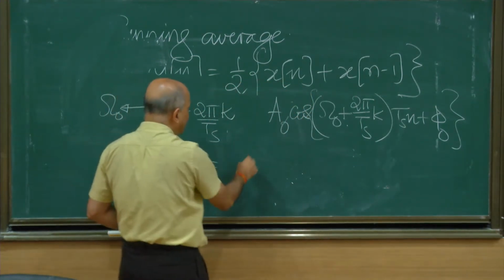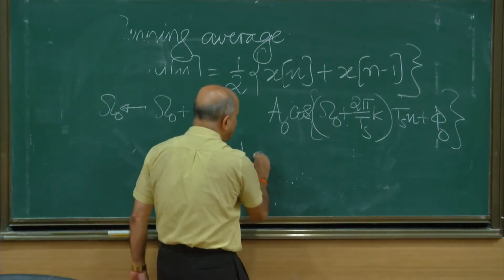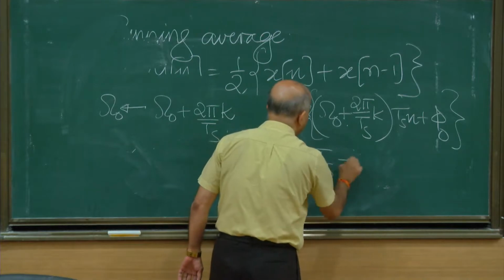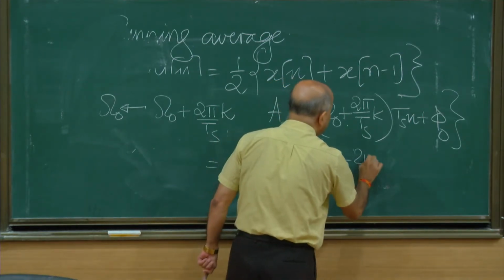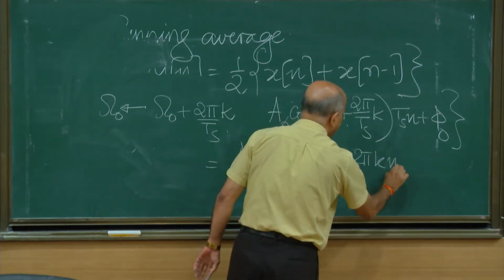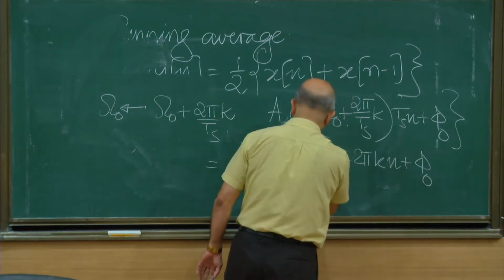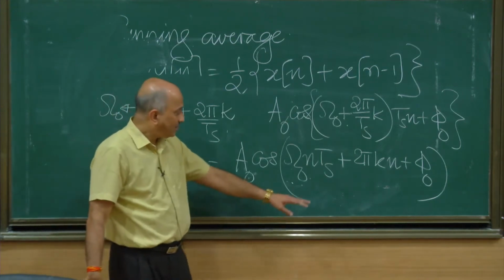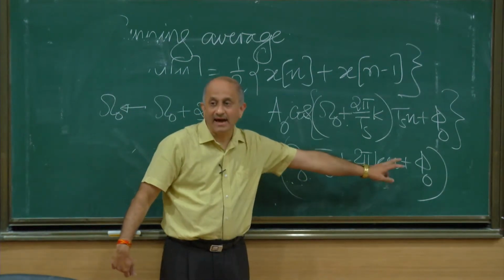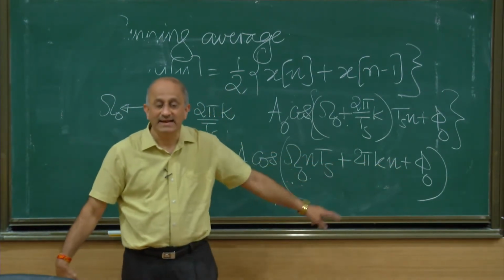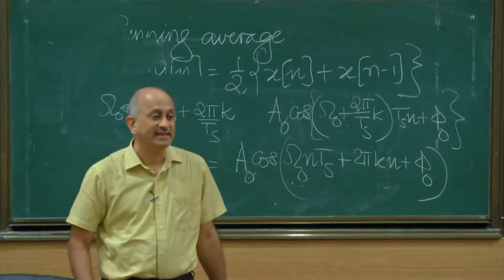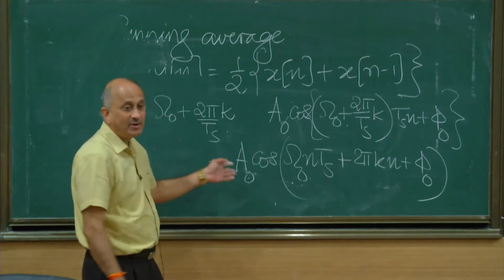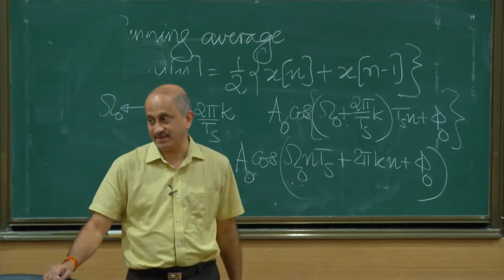If you simplify this, it can be seen to be A naught cos of (omega naught n Ts plus 2 pi k n) plus phi naught. Now k and n are both integers, so adding any multiple of 2 pi to the cosine leaves it unchanged. Therefore, all these angular frequencies will produce the same sequence.